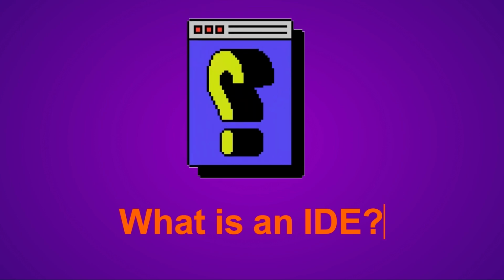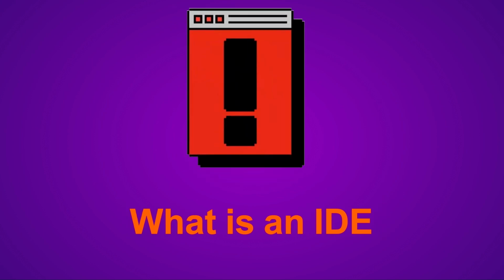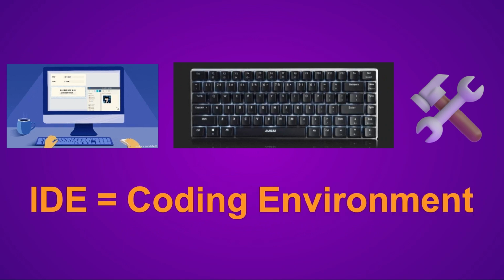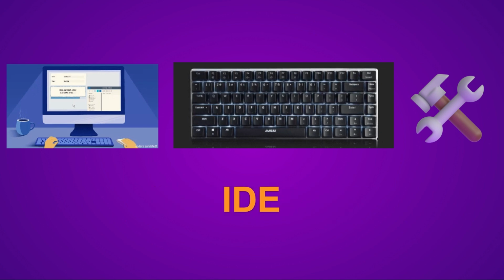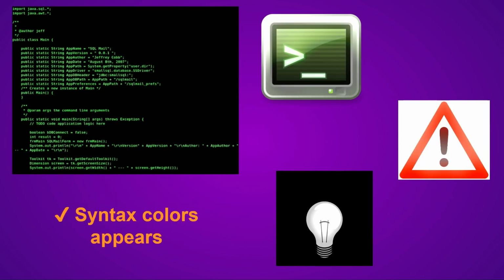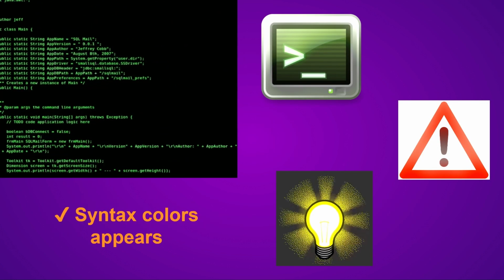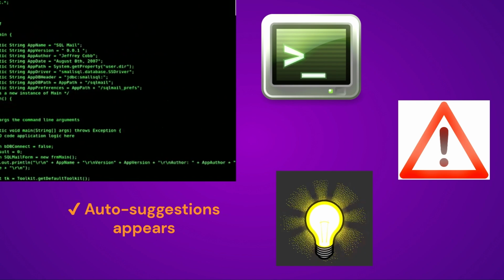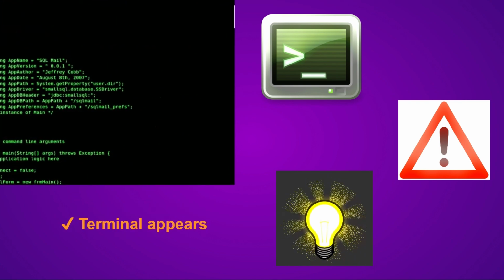Before we install VS Code, let me explain one simple thing. What is an IDE? IDE stands for Integrated Development Environment. An IDE is a tool that helps you write code more easily and more clearly.